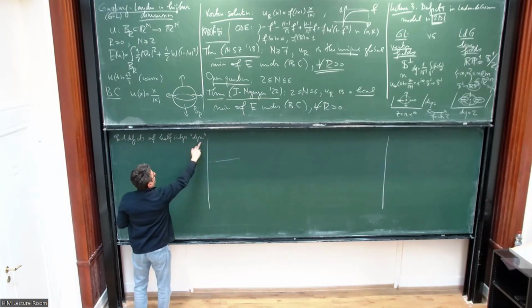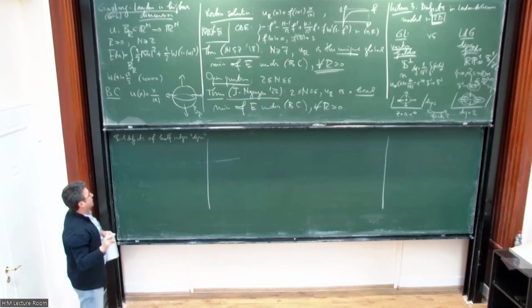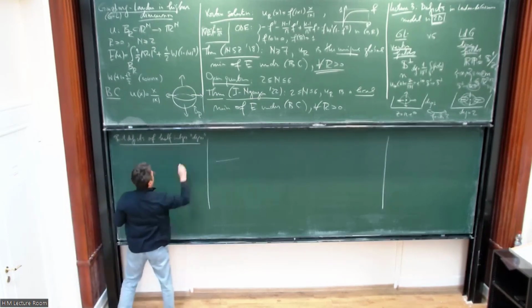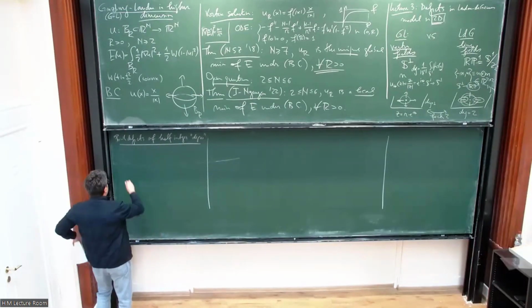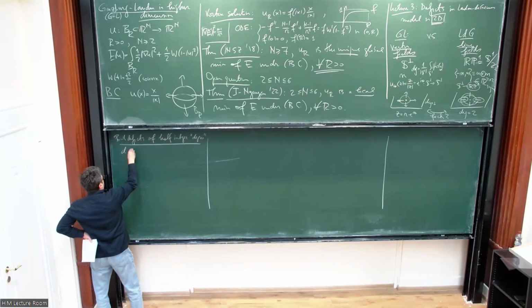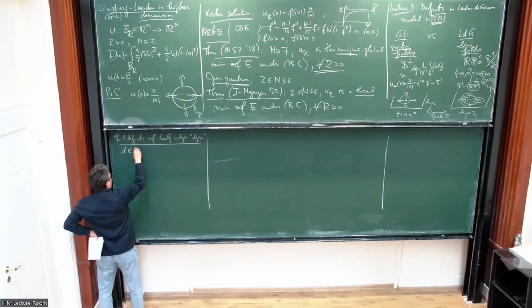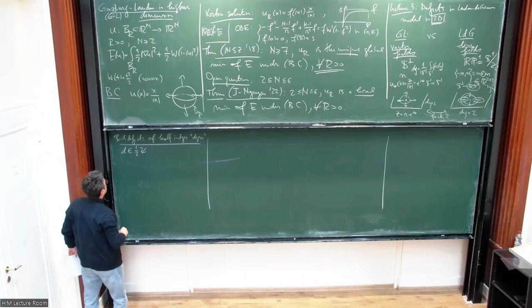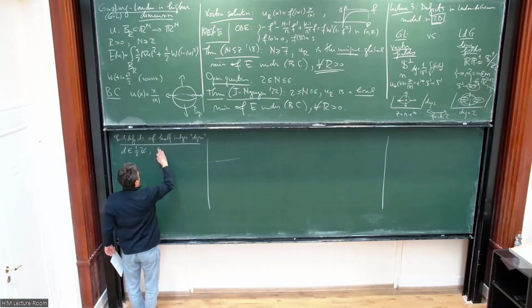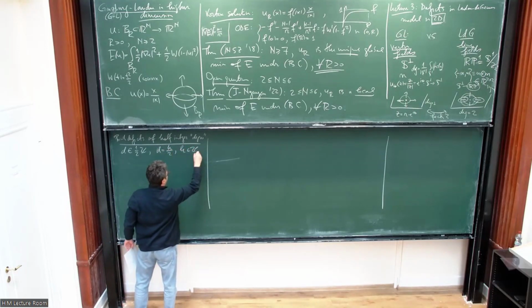So again, read what I mean, not what I write. So from now on, always D will be in (1/2)Z. So sometimes I will write D as k over 2, k in Z.